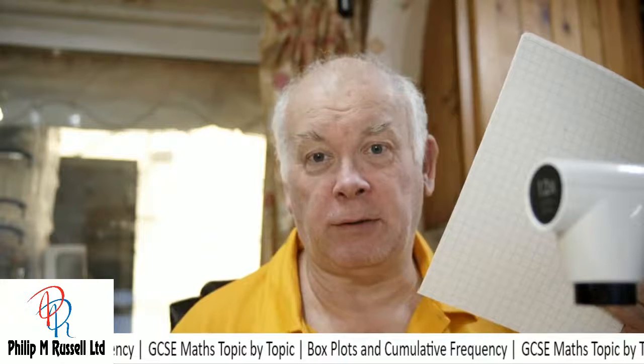Now, if we're going to do that, we've got a choice. We can either do it on squared paper, or we can do it on graph paper. I'm just going to do a simple graph, so I think I'm just going to try and use some squared paper for this, because it's going to be easier for me to do that.